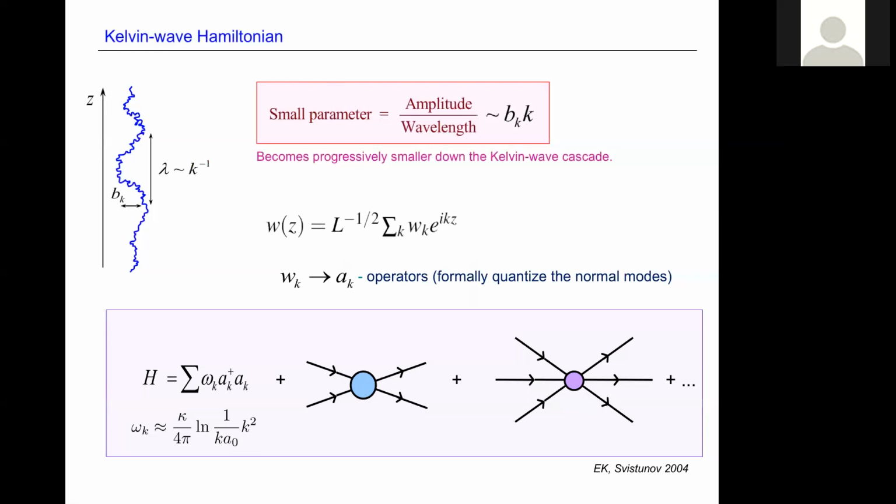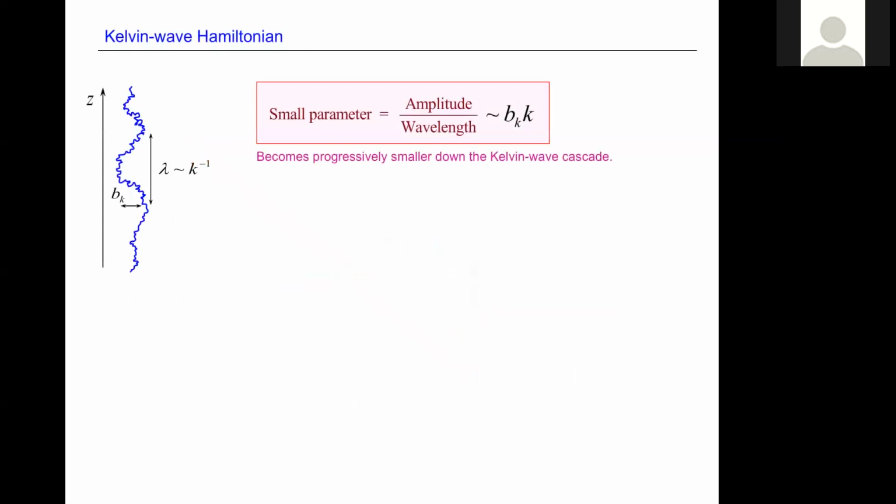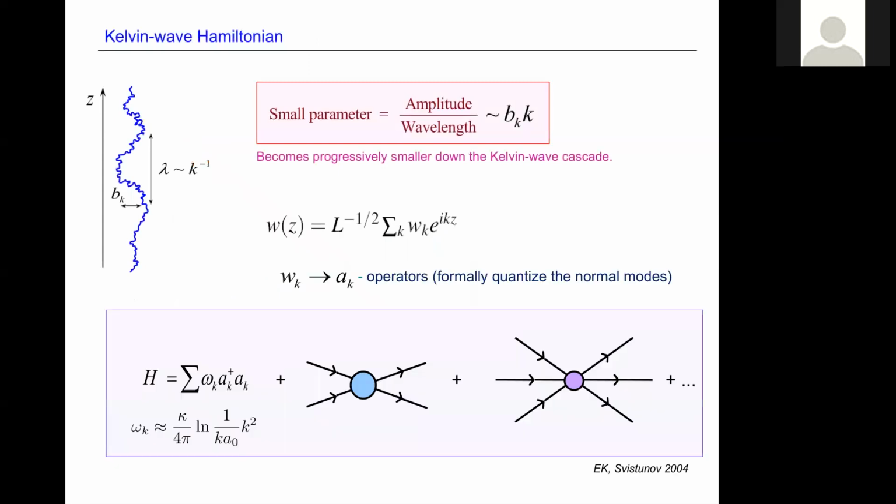In fact, in this regime, when the spectrum changes from k^-3 to this k^-17/5, the amplitude becomes smaller at higher wavelength, and so self-processings become exponentially suppressed. They become improbable, and they disappear completely, and the kinetics is now purely nonlinear, and that's why we have to go to the full Biot-Savart equation, which is written in Hamiltonian terms in this way.